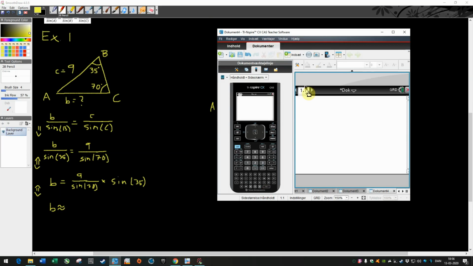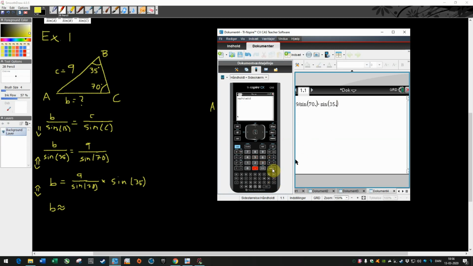So I'll just bring out my calculator here. I say 9 divided by sine of 70. Remember to use the dot. And we multiply with sine of 35.